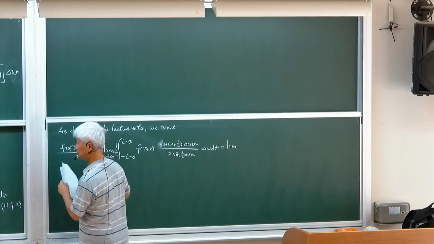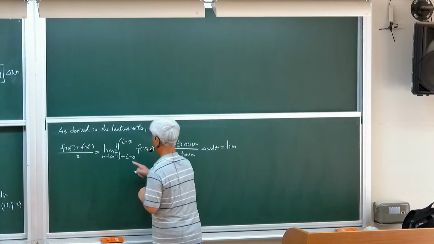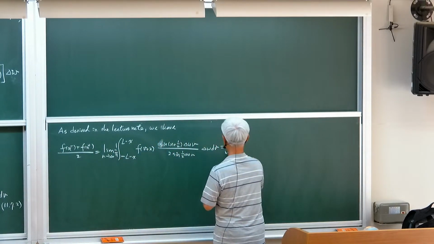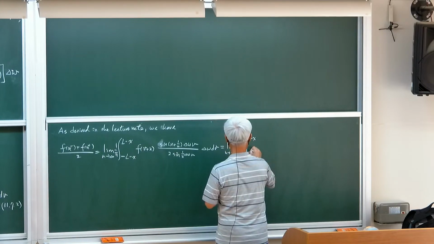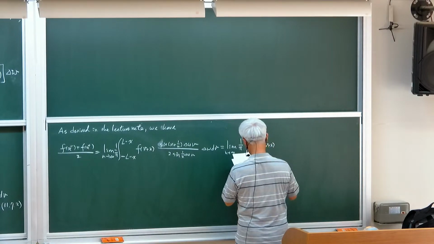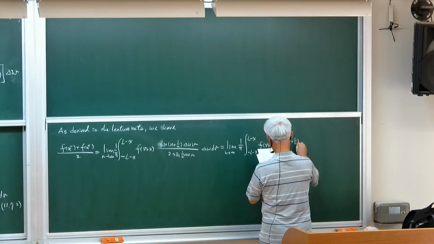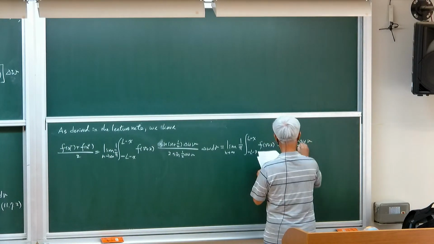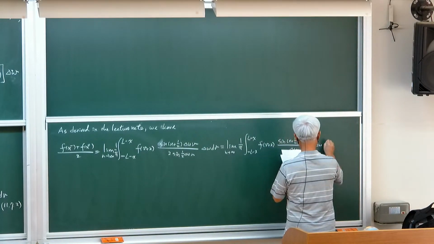I forgot to put 1/pi. Sorry about that. We have this factor: 1/pi, limit n goes to infinity, 1/pi, f of v plus x, and the sine n plus 1/2 delta omega v, and here is delta omega v, delta omega dv.